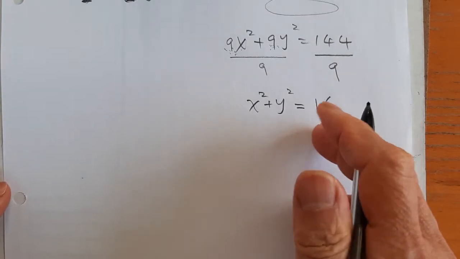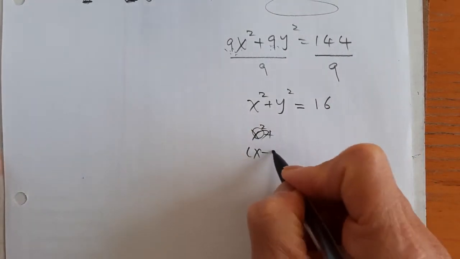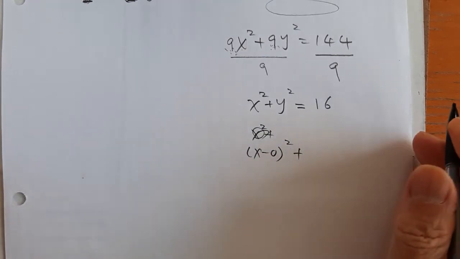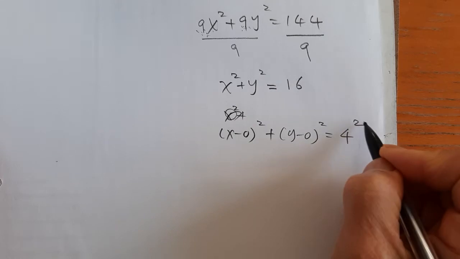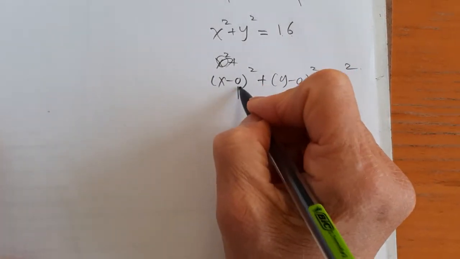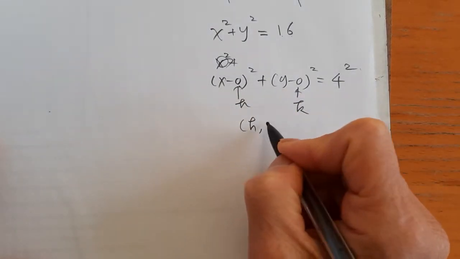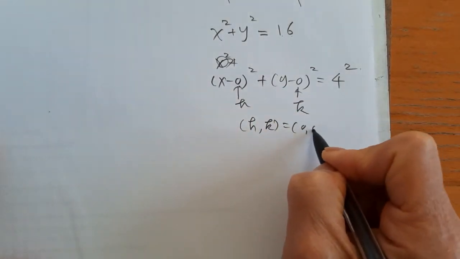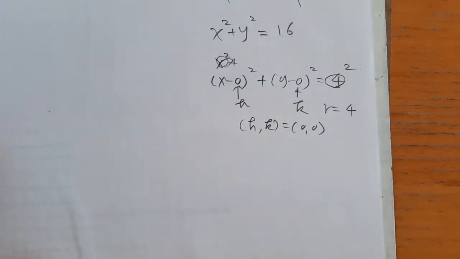That is x minus 0 squared plus y minus 0 squared equal 16, which is 4 squared. So this is h, this is k, so (h, k) is at (0, 0), and this is r. R equals 4.